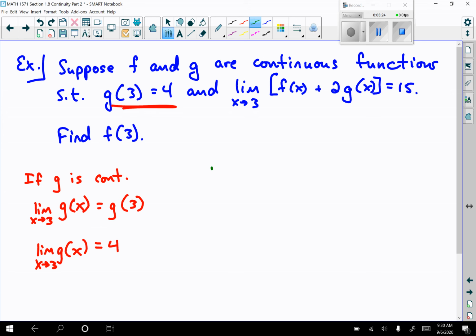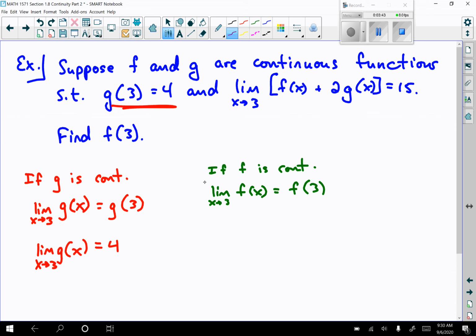We also know that since f is continuous, then the limit as x approaches 3 of f of x is equal to f of 3.